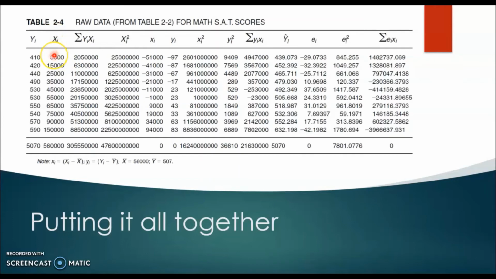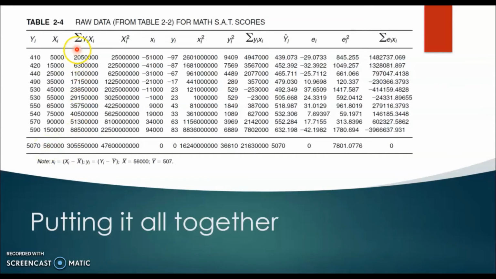The first category of income is 5,000, followed by 15,000, and then 25,000, and last but not least, 150,000. So as a whole, we have a sum of incomes equal to $560,000. So 5,000 plus 15,000 plus 25,000 down to 150,000 gives a sum of income equal to $560,000.